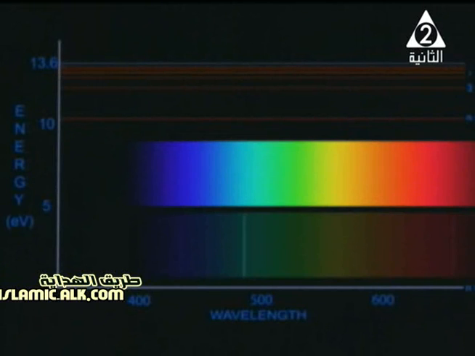And what about Balmer's series? Balmer's series is produced when electrons move from higher energy levels to level L, where n is equal to 2. This series lies in the visible region.